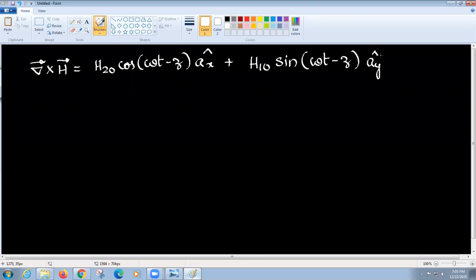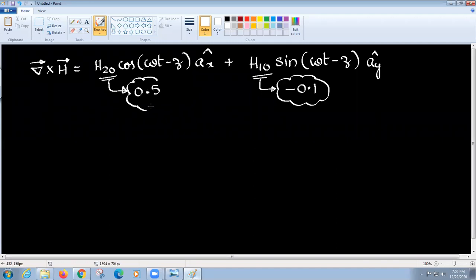If you still have doubt, just rewind the lecture, go back some 10 or 20 seconds. Of course, you have this form. Once you settle down with this form, what is my H10? It's very simple. My H10 is negative 0.1. And H20 I can directly plug in, but here is just the general form. Just plug in the values as they are.